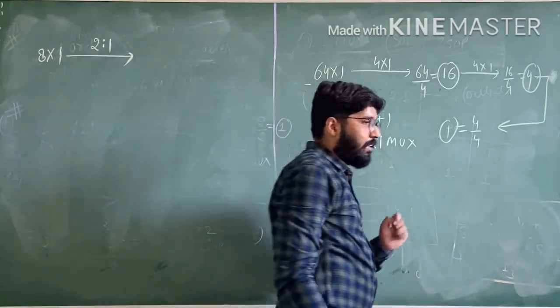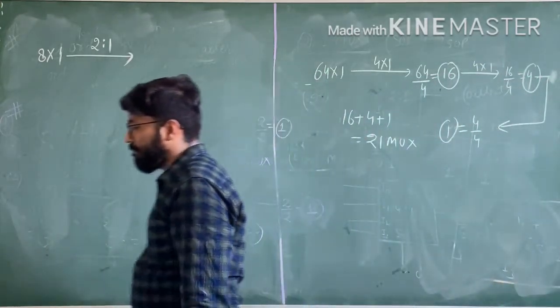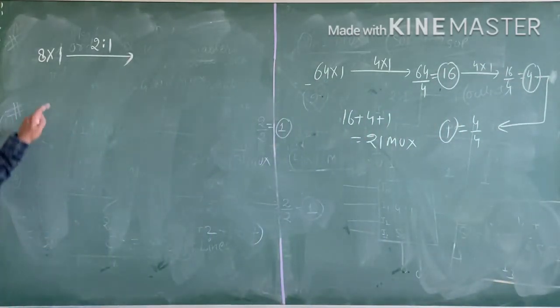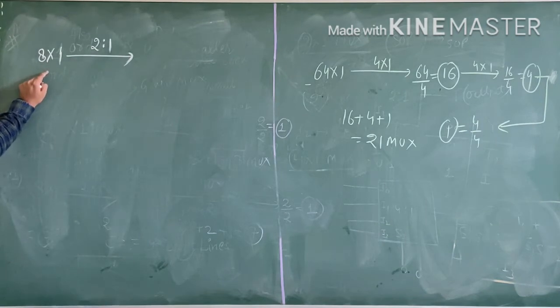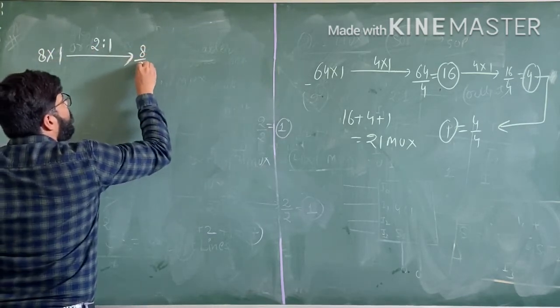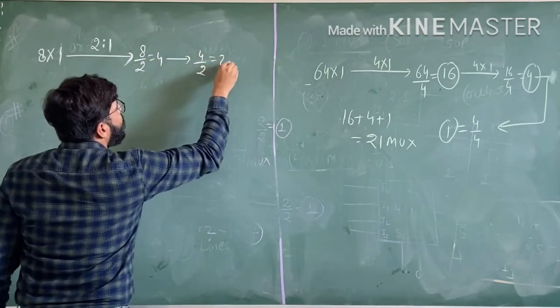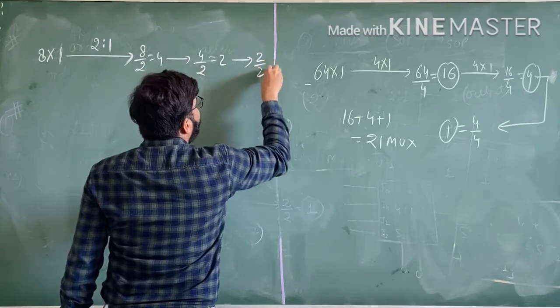You have seen that 7 MUX are required for designing 8 cross 1 MUX. How do you get it? If we divide 8 by 2, we get 4. If we divide 4 by 2, we get 2. If we divide 2 by 2, we get 1.